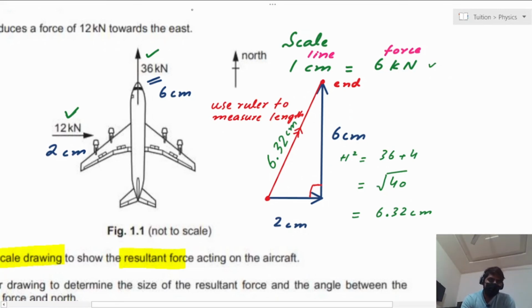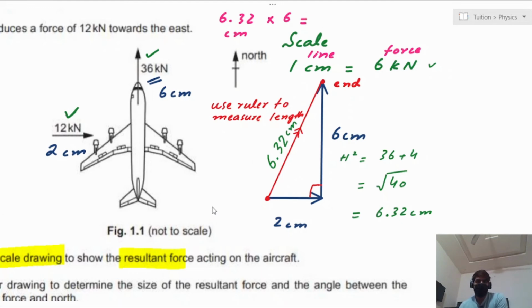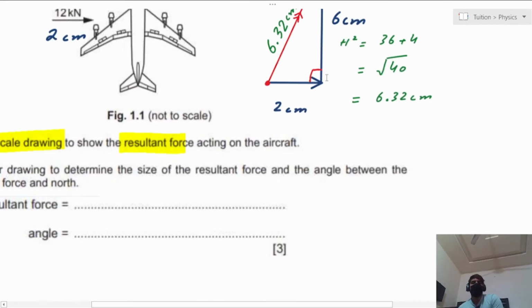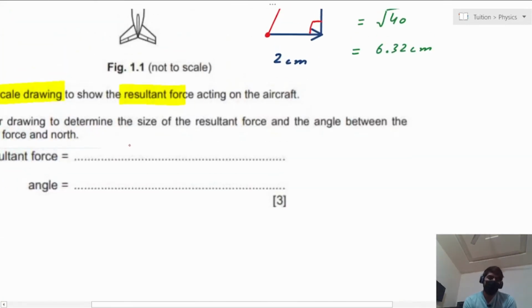Now if I have a line of 6.32 centimeter, then that would be 6.32 times 6 kilonewton. Then you can hit it on the calculator, times 6, so 37.9 kilonewton, or in 2 significant figures you can write it as 38 kilonewton.